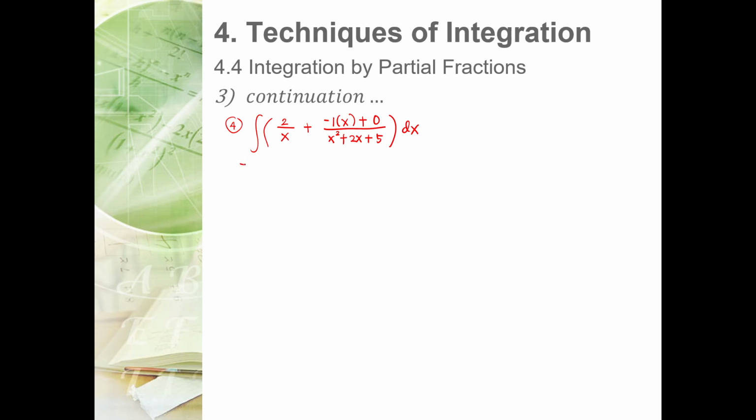So the equation becomes the integral of 2 over x minus x all over x squared plus 2x plus 5, and then dx.